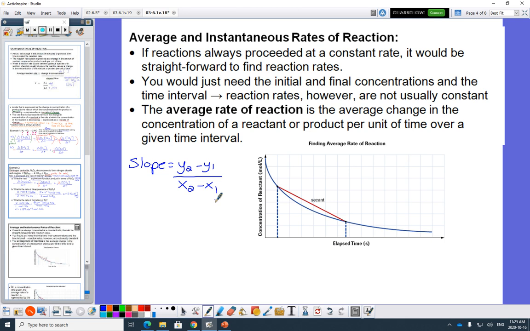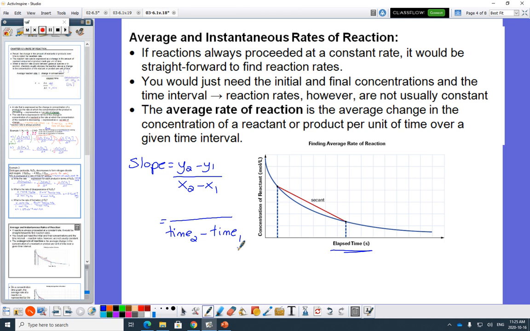So in math, slope we talked about as rise over run, change in y over change in x. It's going to probably be easiest for you in this unit to think of it as y2 minus y1 over x2 minus x1. So in our case, always, always, always, time is going to be on the x. So you're looking for time 2 minus time 1.